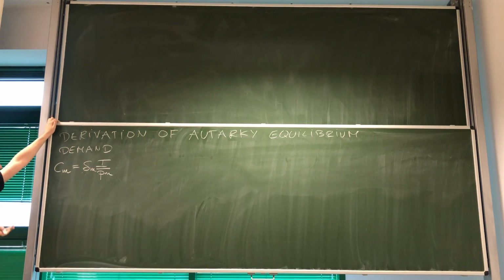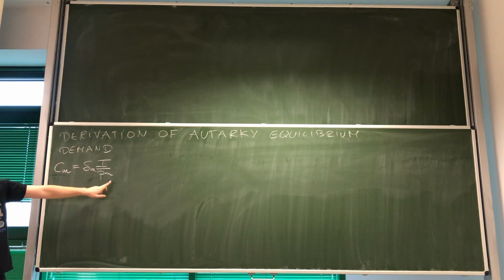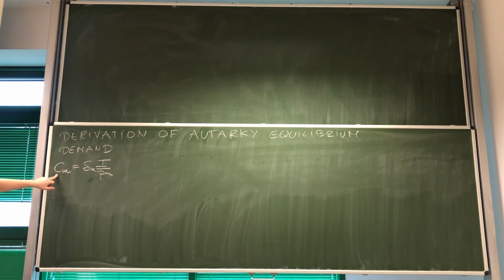And look, this is already a demand function. Here we have the number of manufacturers consumed, and on this side we are dividing by the price of manufacturers. So consequently we see that the bigger the price, the lower will be the consumption of manufacturers.